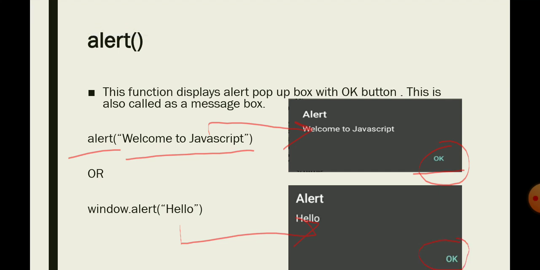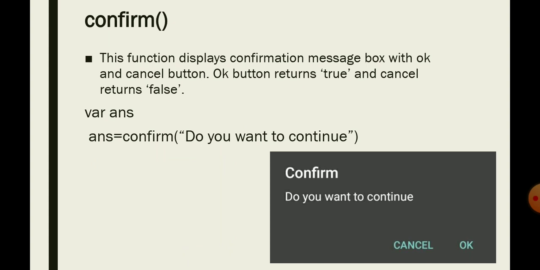Now next is confirm. The confirm pop-up box comes with OK and Cancel buttons, because here we are going to take confirmation about something from the user. So if the user confirms, then he or she presses the OK button, else the Cancel button.